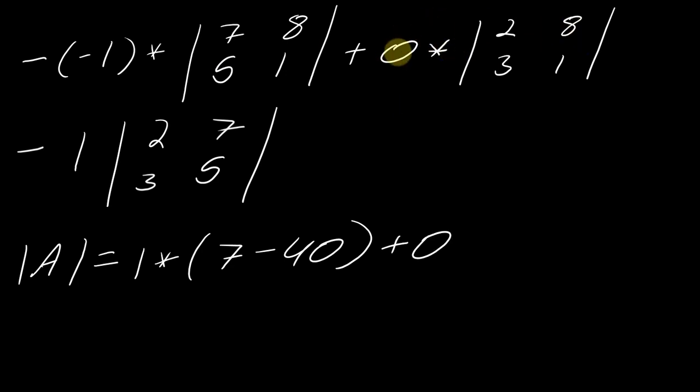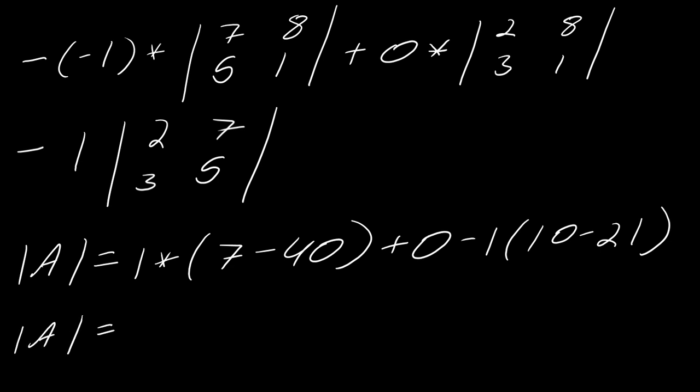Because it's going to be multiplied by 0. And then minus 1 times 10 minus 21. And so now this will be negative 33 plus 21, plus 11. So this equals negative 22.